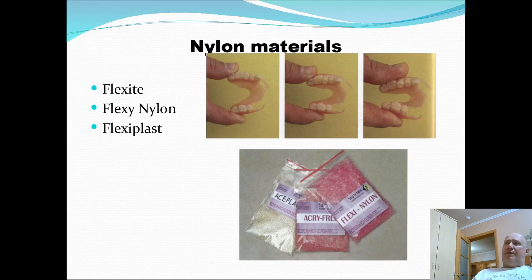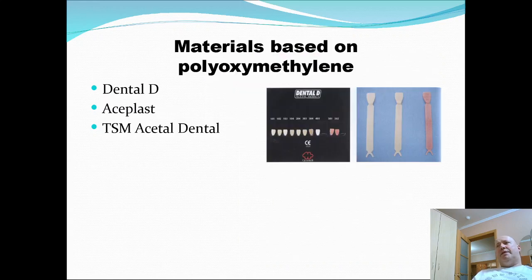It's very commonly used. Then this is acetal. This material is based on polyoxymethylene. It has a very good feature: we can use it not only for bases but also for the arc.